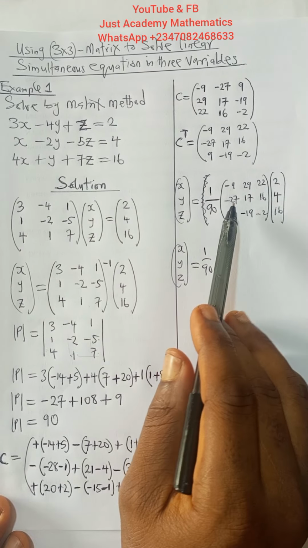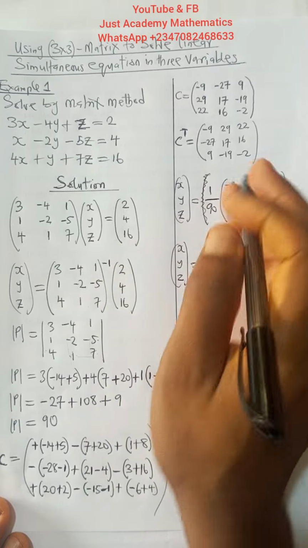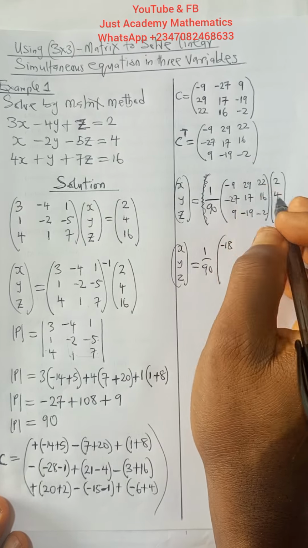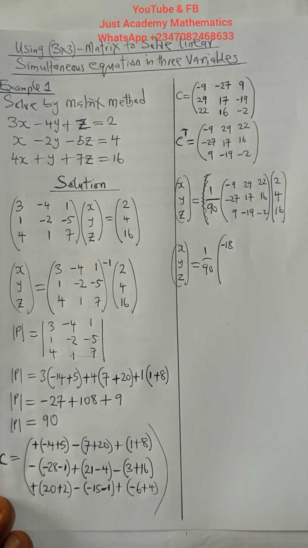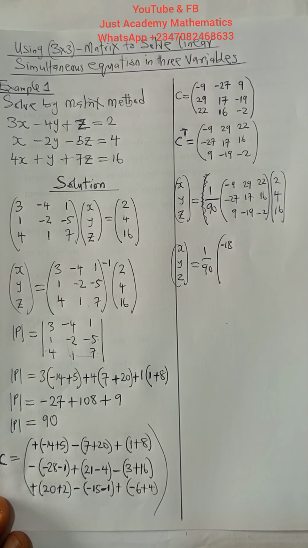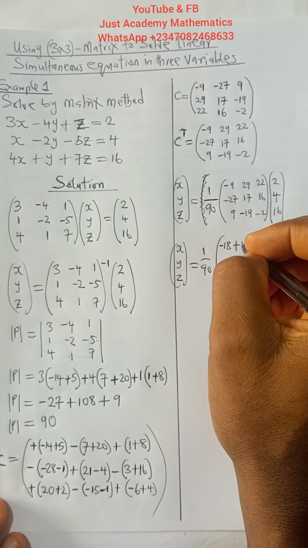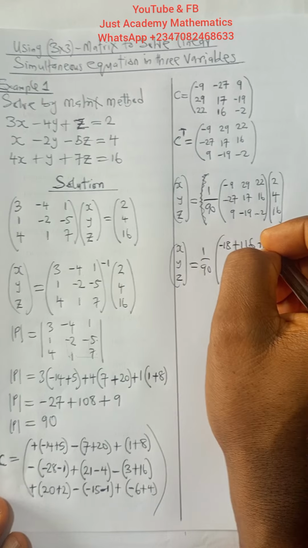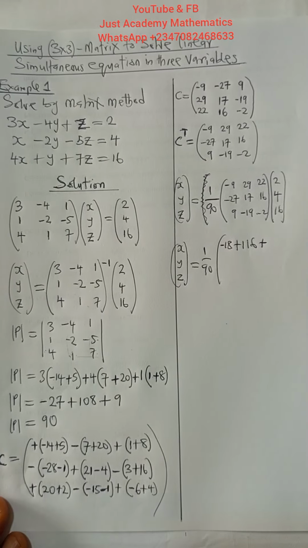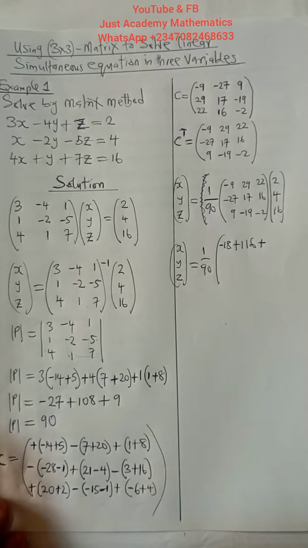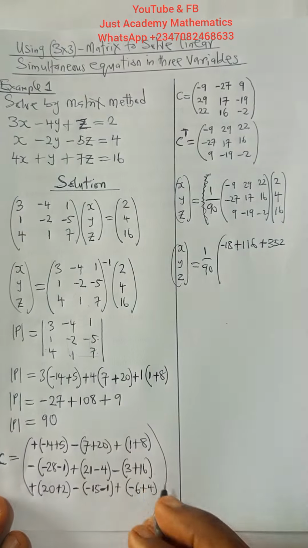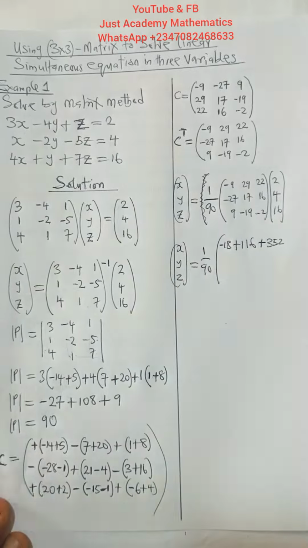Minus 9 times 2 is minus 18. 29 times 4 will give us plus 116. Then 22 times 16 will give us 352.